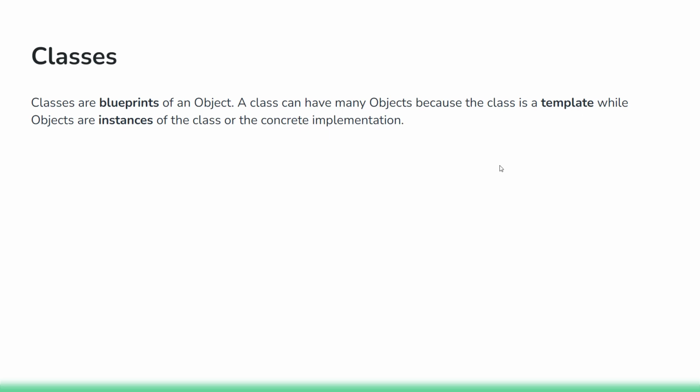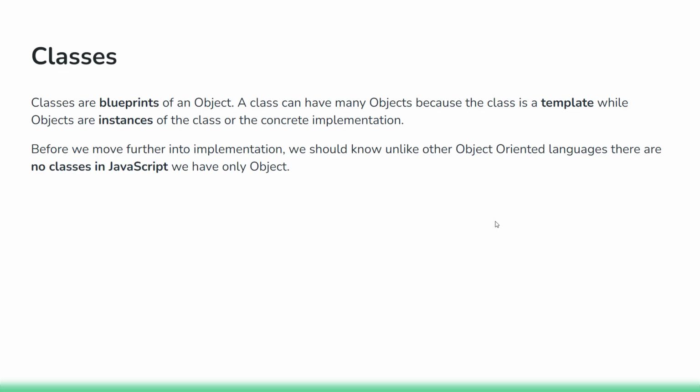Classes are blueprints of an object. A class can have many objects because the class is a template, while objects are instances of the class, or the concrete implementation. Before moving further into implementation, we should know that, unlike other object-oriented languages, there are no classes in JavaScript. We know all about that.